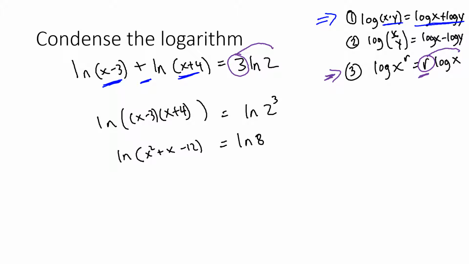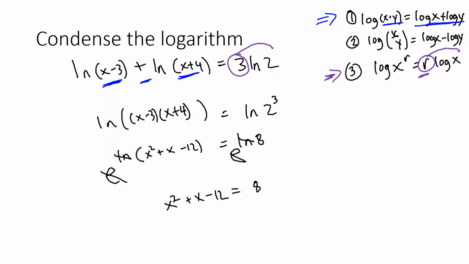Just like before, we can exponentiate both sides. The natural log and the e cancel each other out. So now to solve this equation, we just need to use what we already know about solving a quadratic equation.